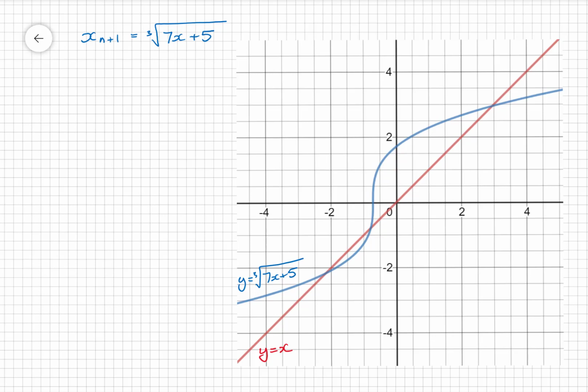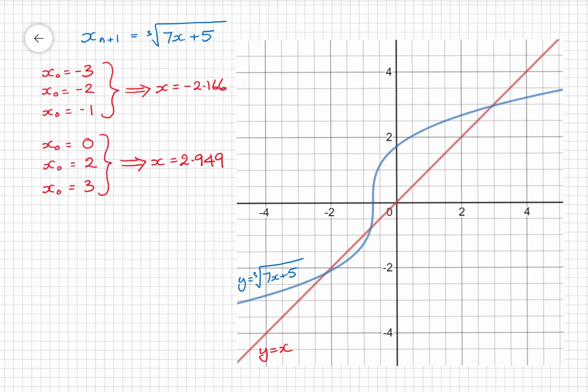We remind ourselves that when we put in starting values of -3, -2 or -1, they converged on the solution x is equal to -2.166. But when the starting values were 0, 2 or 3, they converged on another solution, 2.949.